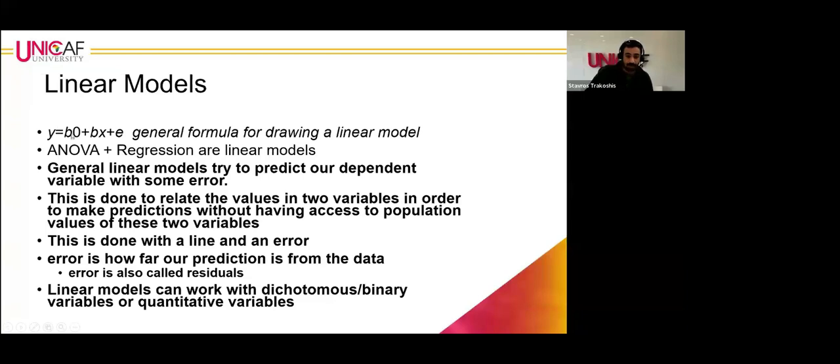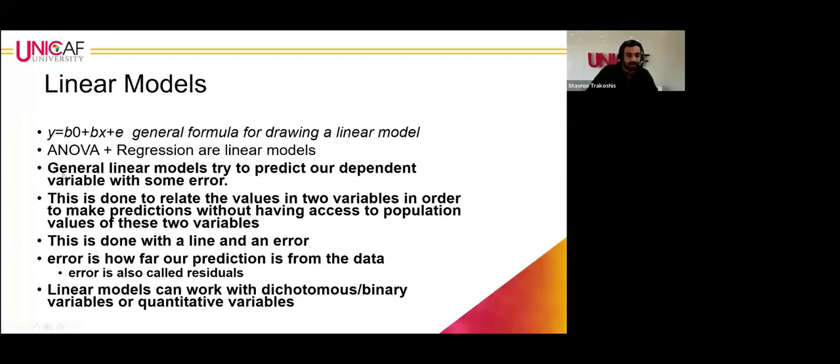It has a starting point, which is denoted as B0, and then it needs to have some sort of scale.